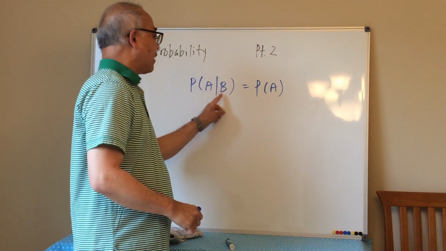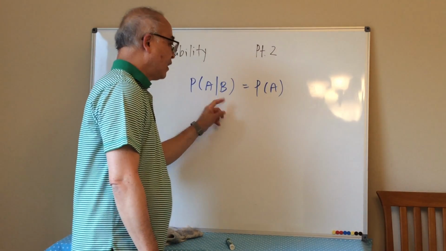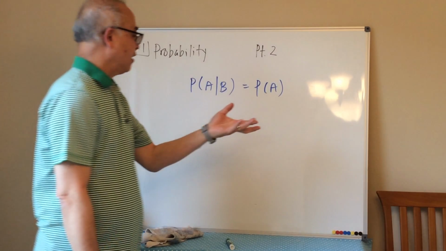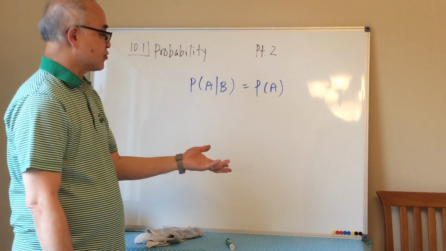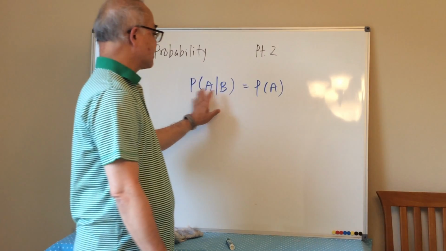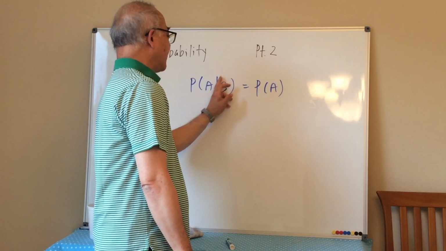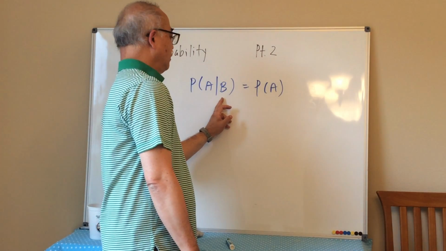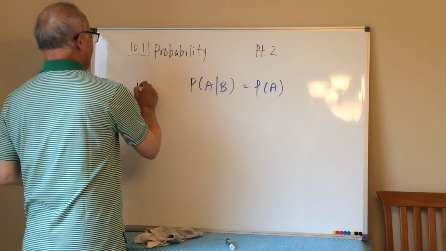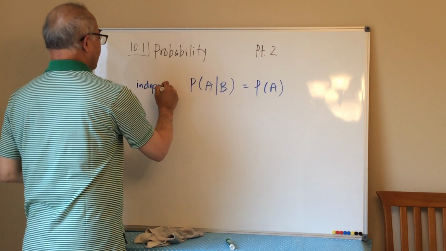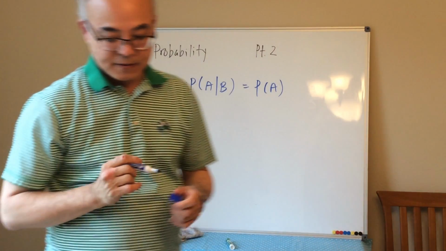It doesn't really matter whether B happened or not. Again, we go back to: are you wearing black shoes whether I show up late to school or not? So the P of A has nothing to do with whether or not I showed up late or not, right? Okay, so this holds true if A and B are independent.